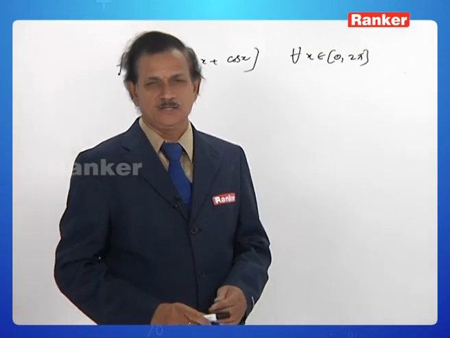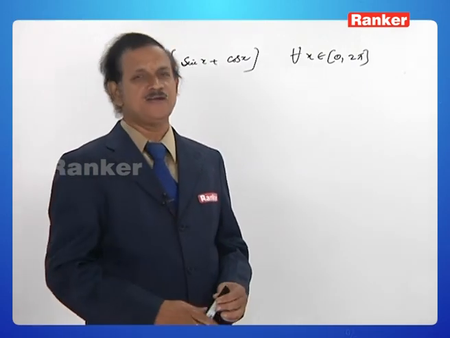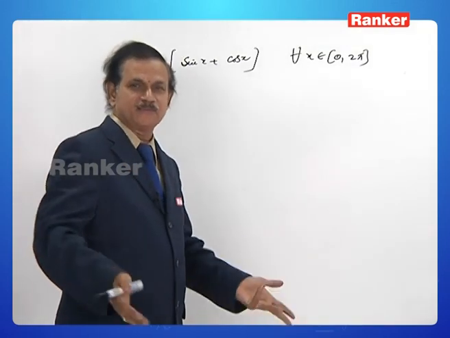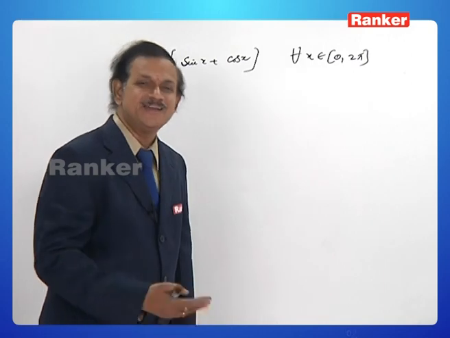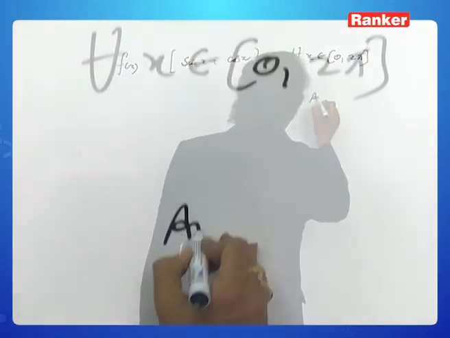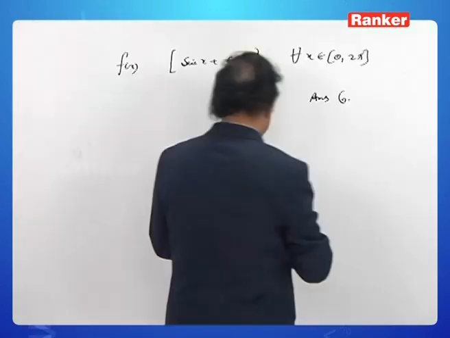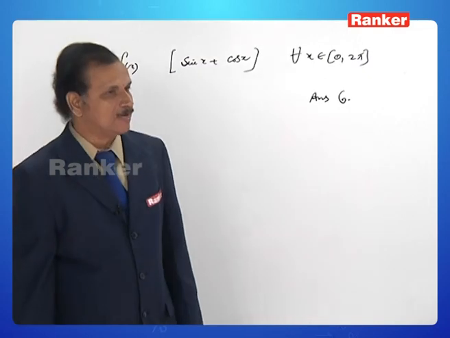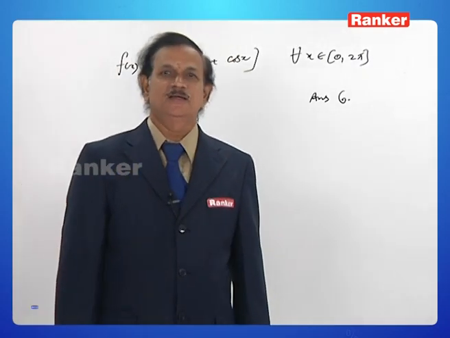In continuity, we have noticed that there are 6 points of discontinuity, and those 6 points are again here the points of non-derivability also. Therefore, the answer is 6. On what basis are you able to have the answer directly?